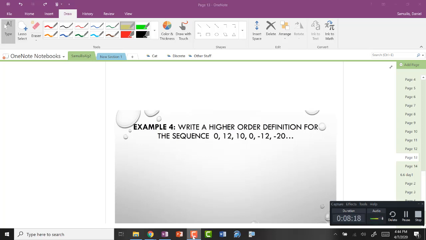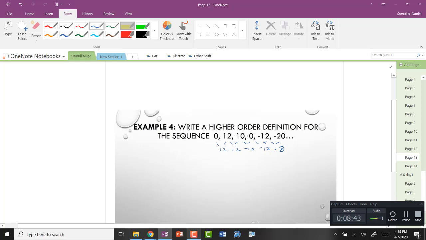All right. So we got our higher order definition for this. Once again, if I take a look at my first set of differences, I have 12, I have a -2, I have a -10, I have a -12, and I have a -8. Now remember, it is 12 minus 0, -10 minus 12, 0 minus -10.